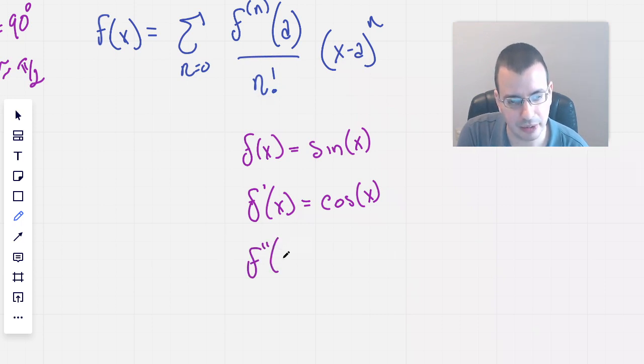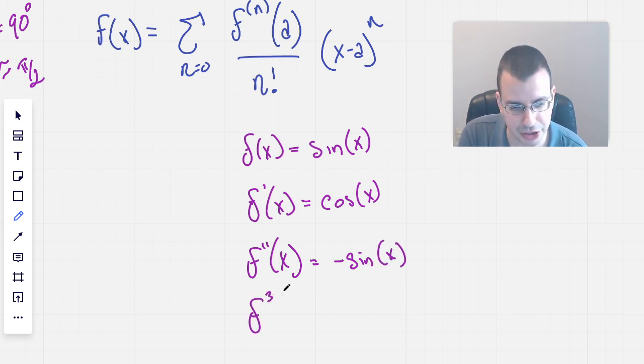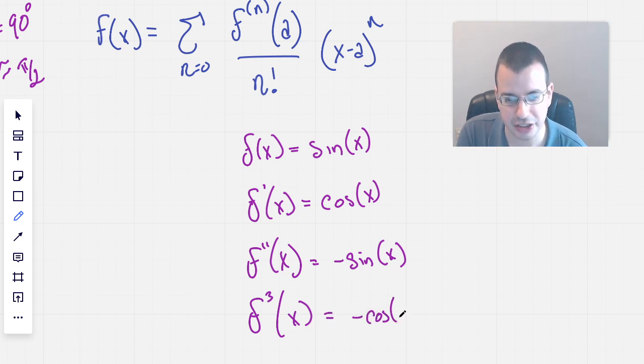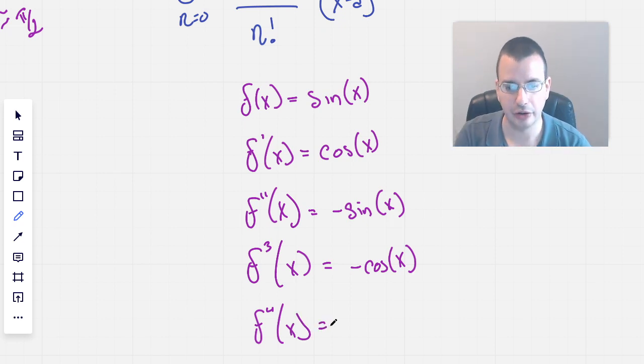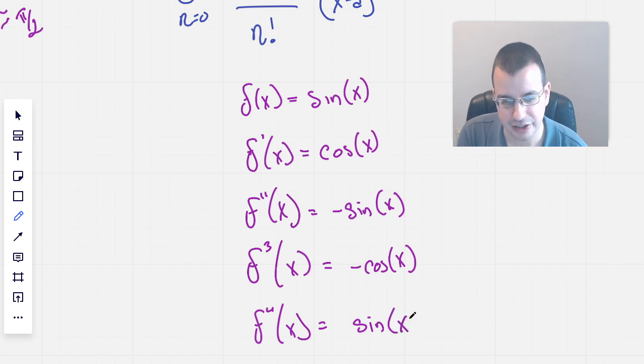F double prime equals negative sine of x. F triple prime of x equals negative cosine of x, because the derivative of sine of x is positive cosine of x, but we have that negative and I want to preserve that. I'll do the fourth derivative with respect to x so I can see the full circle. The derivative of negative cosine of x will be positive sine of x.